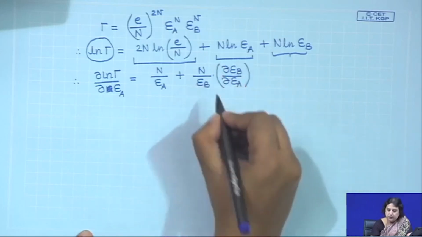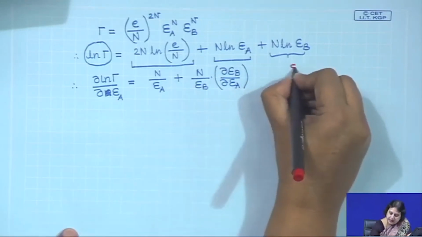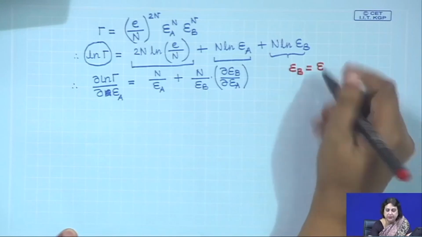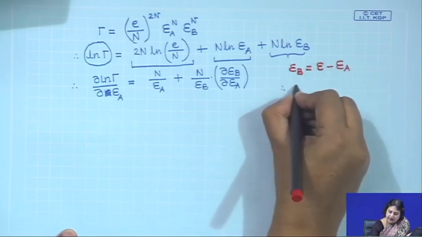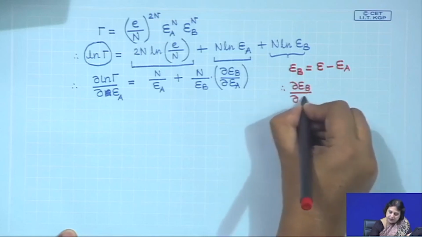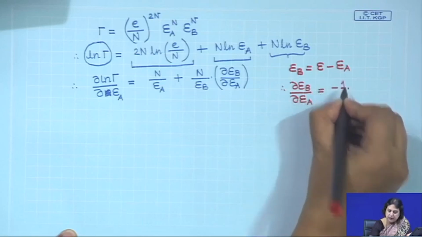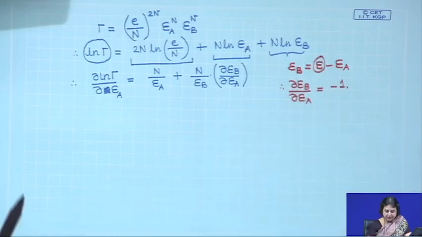Now, what is this quantity? By definition, we know that epsilon B is equal to a constant energy epsilon minus epsilon A. Therefore, I can say that del epsilon B by del epsilon A is going to be equal to obviously minus 1, under the condition that the total energy epsilon is a constant.